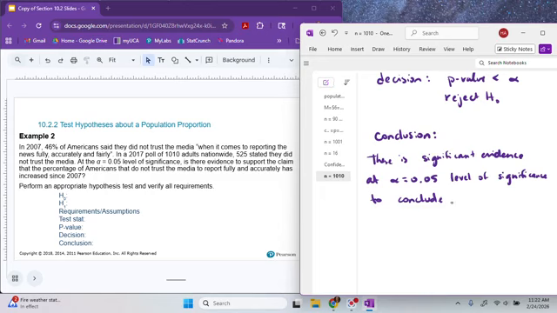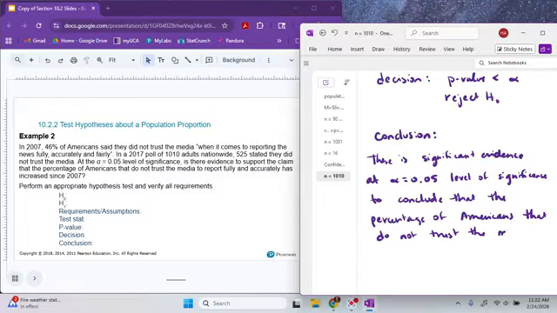So to conclude that the percentage of Americans that do not trust the media has increased since 2007.